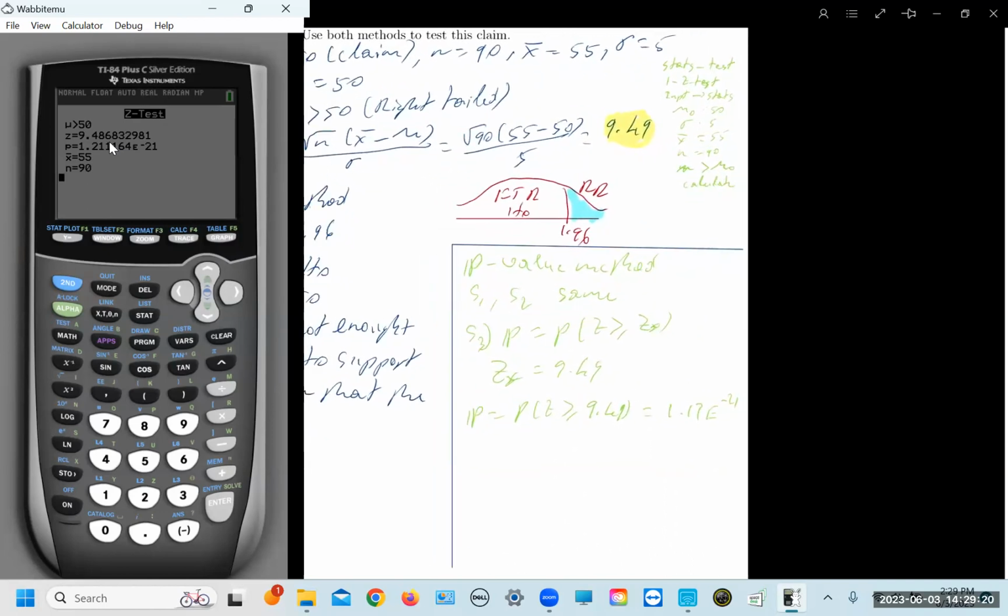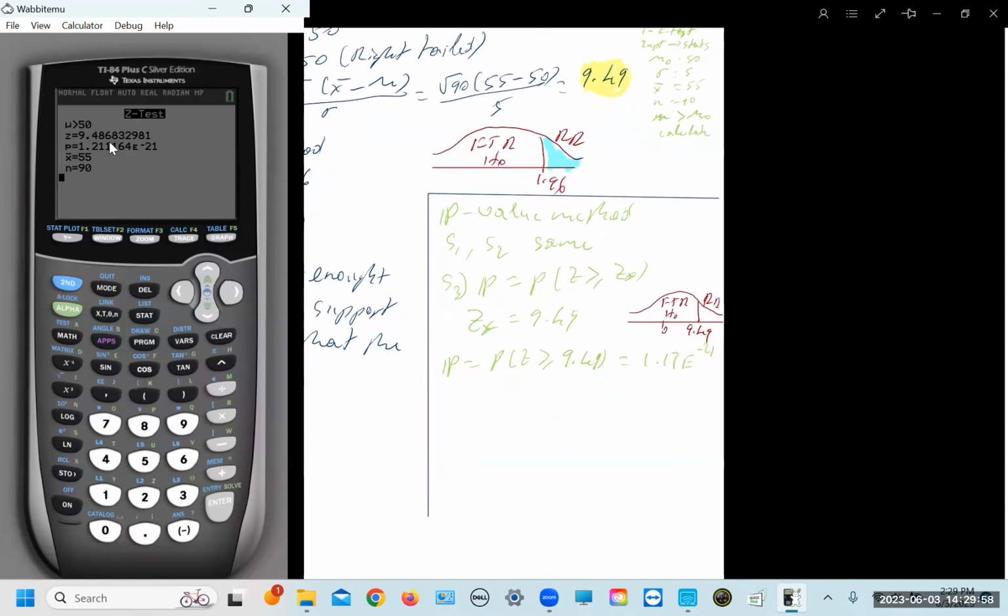Okay, now we can draw this. So right here, this one, 9.49. This one is the region to reject H0. This one 0. This one is the rejection region.